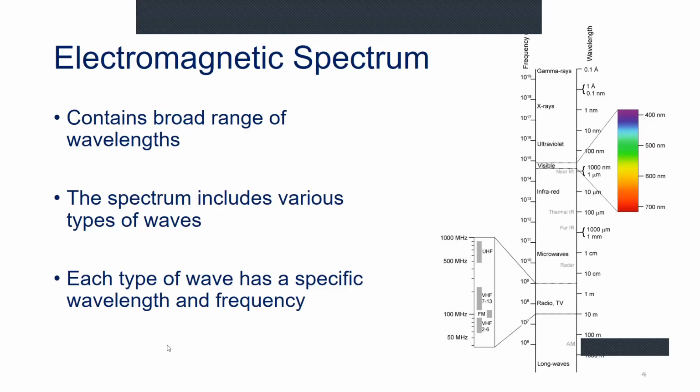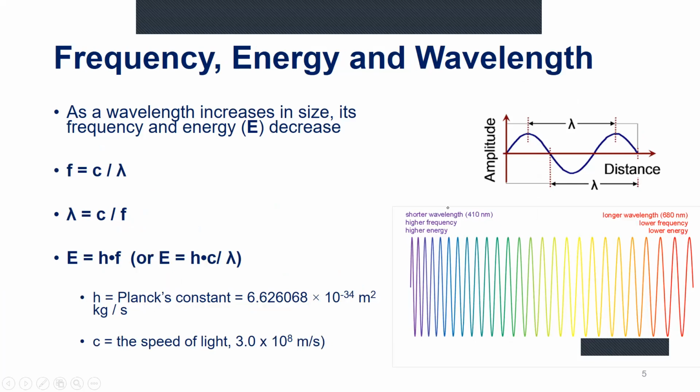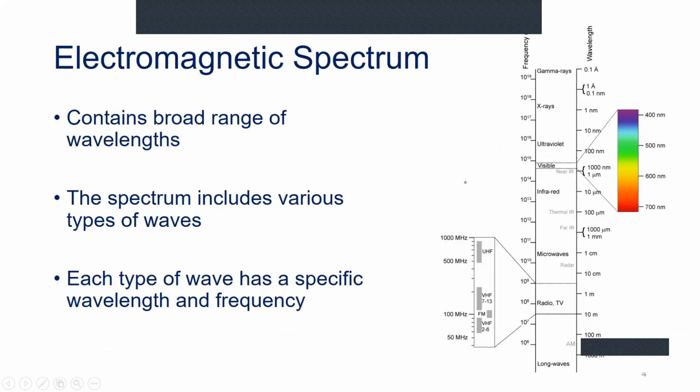All right, so we move ahead from our previous lecture here. We can see right here we have this figure of the electromagnetic spectrum. What we see in this figure is that we start with the long waves.